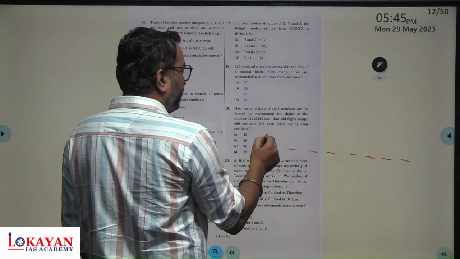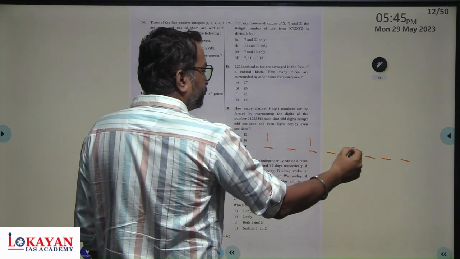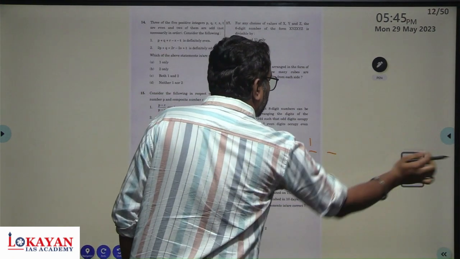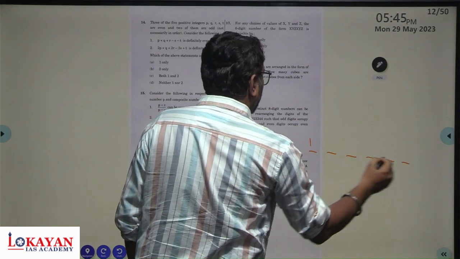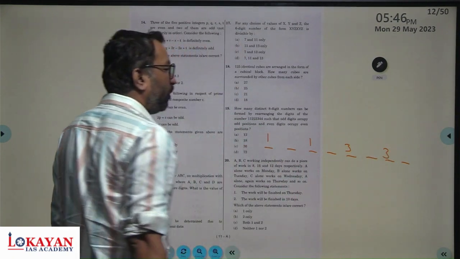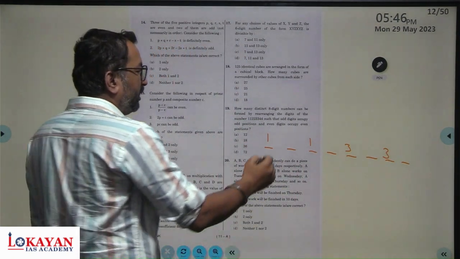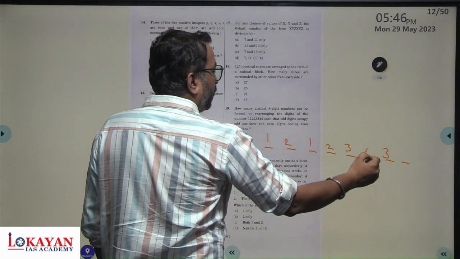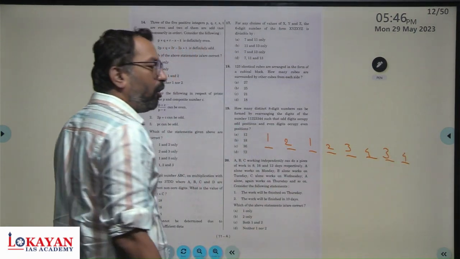So odd digits will be at odd positions, 1 1 3 3. Even digits will be at even positions. But in how many ways can it be done?